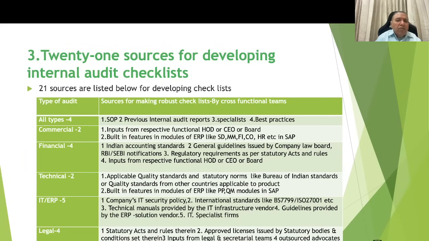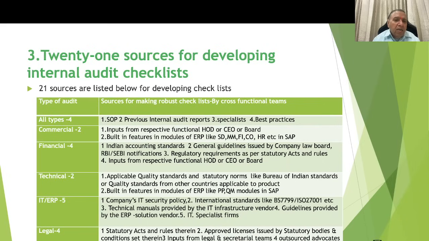Now, there are 21 sources for developing the internal audit checklist, which I am just sharing. The common ones for all types are referring to the SOPs, then referring to the previous audit reports, inputs from specialists, and best practices.